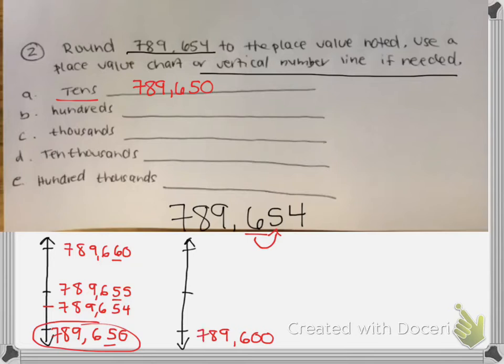And then what's my next 100? Well, it's going to be 700. Awesome. And what's going to be the midpoint? It's going to be 650, because that's between them. Right, so I've got 600, 650, and 700. And where is 654 going to go?